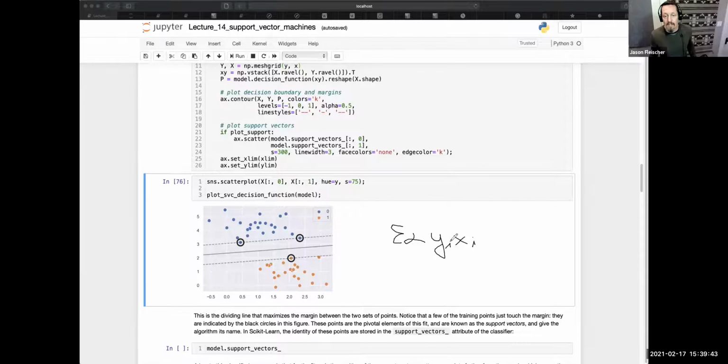I'm leaving out a lot of detail here, right? That is the thing that's being optimized in the dual solution. So for all these data points up here, this alpha is going to be 0. We're going to be optimizing over it because it's one of the data points in the training set, but it's not going to matter in the end, okay?